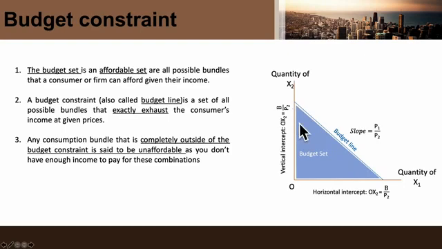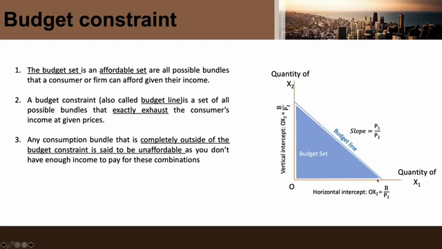And this is called your budget set. Any expenditure outside the budget line is unaffordable, and you don't have enough income to spend like this. On the budget line, all combinations fully exhaust your income.